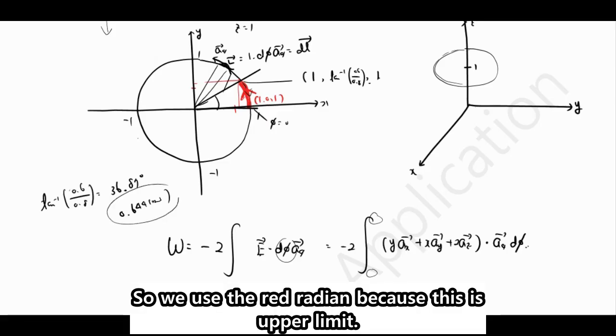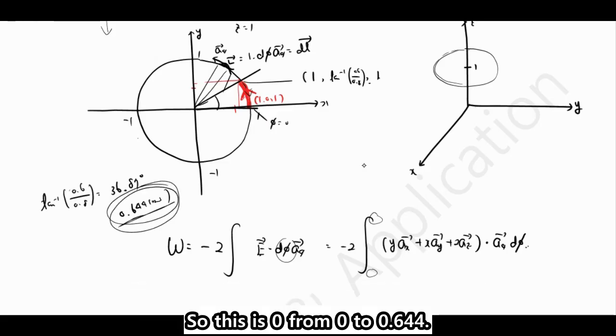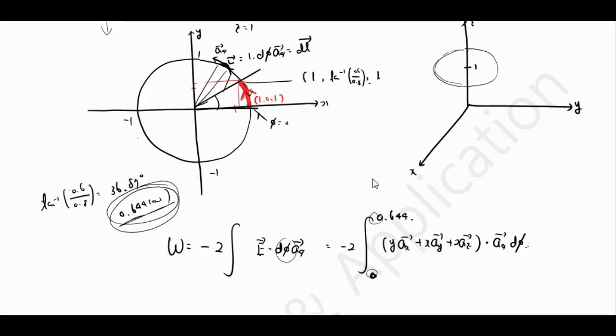We use the radian because this is the upper limit. So this is from 0 to 0.644.